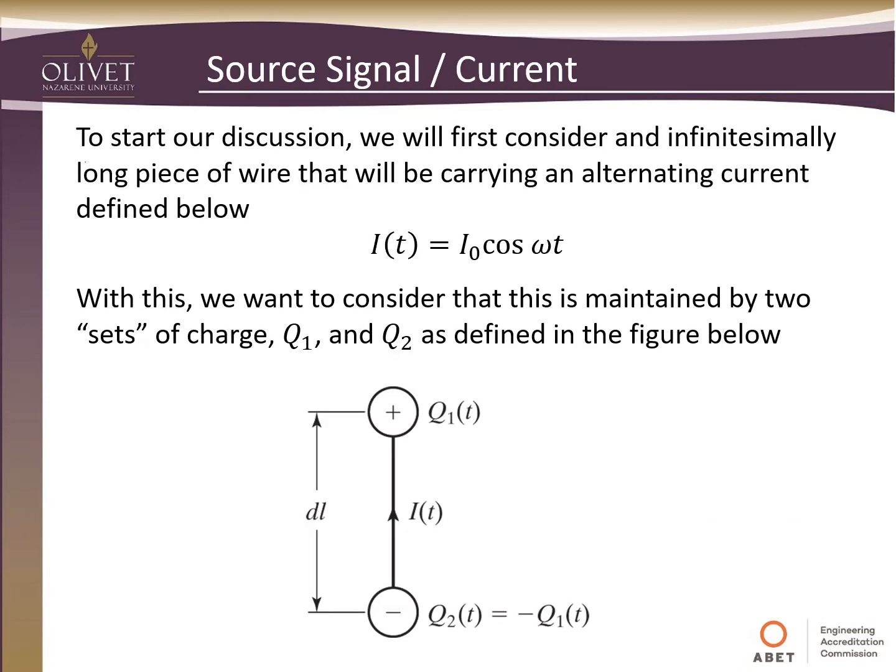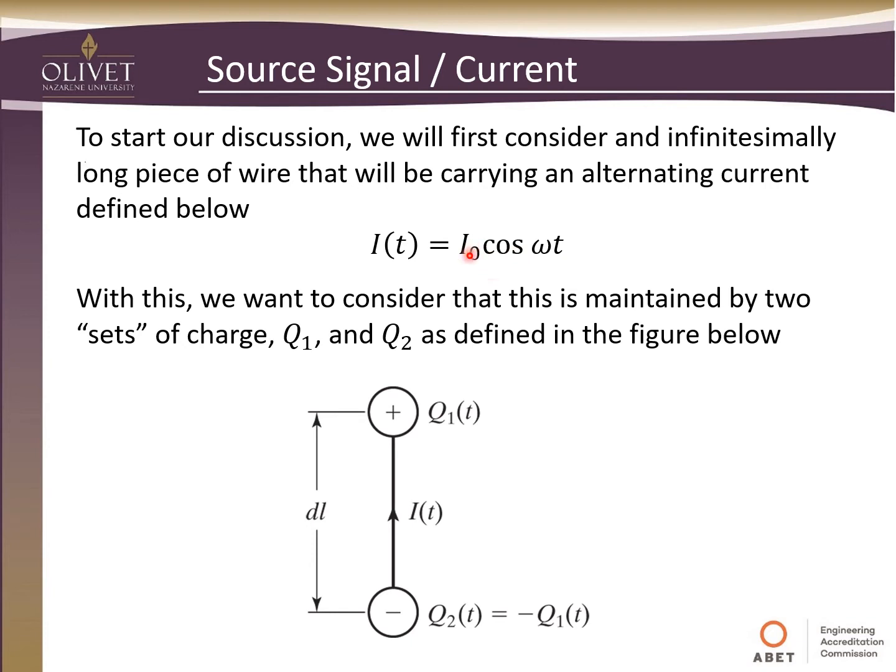I want to start our discussion with this super simplistic model. We're first going to consider an infinitesimally long piece of wire that can carry an alternating current. We're going to define that current with this equation here, just a simple sinusoidal wave.